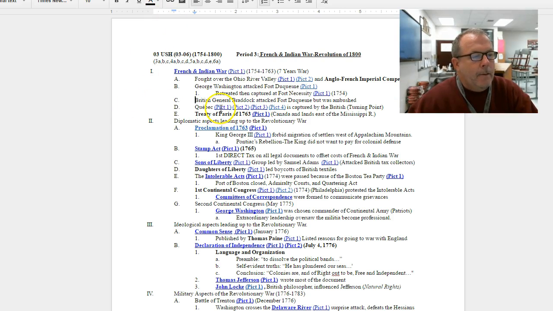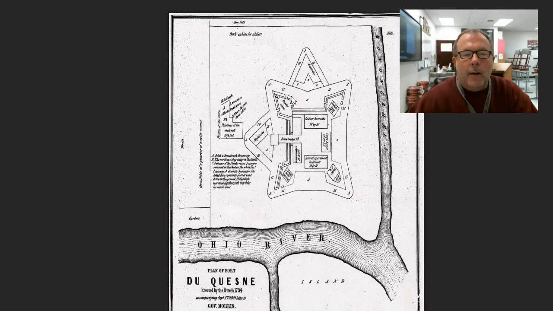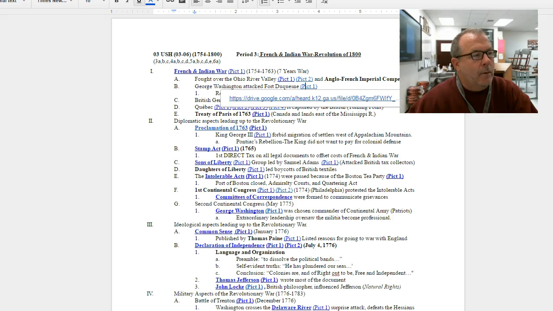The war begins with the Virginia Royal Governor, appointed by the King of England, sending General George Washington to take the largest French fort in the Ohio River Valley, known as Fort Duquesne. Today it's known as Pittsburgh, and this is an older map showing what the fort would have looked like in the bend of the Ohio River.